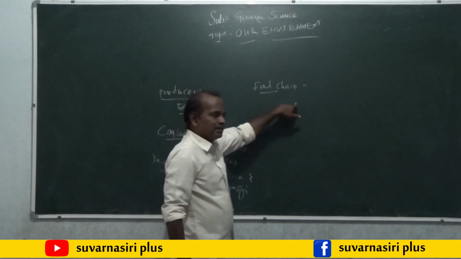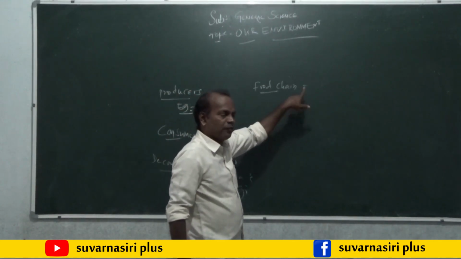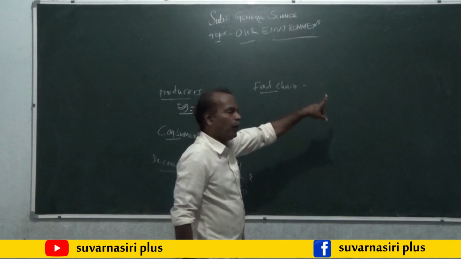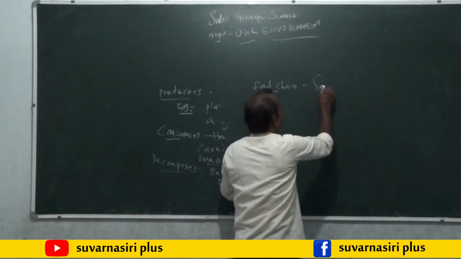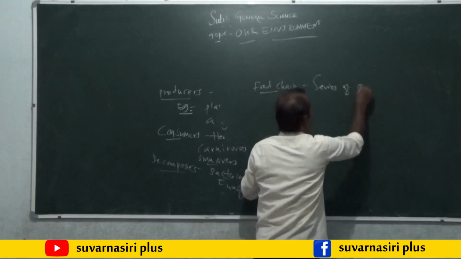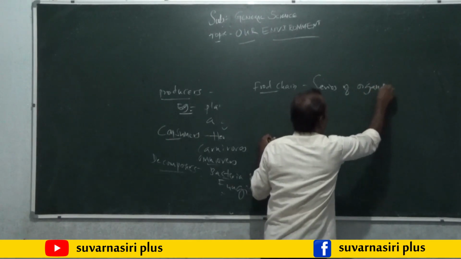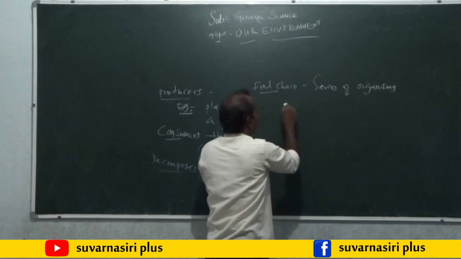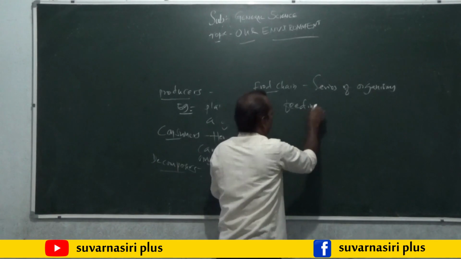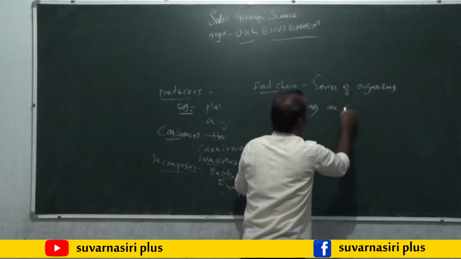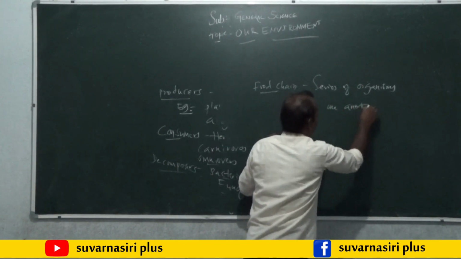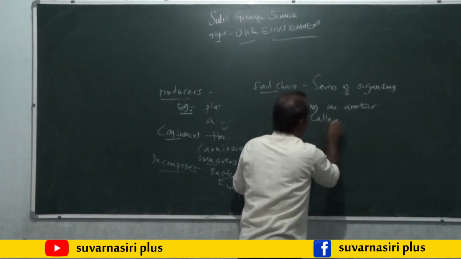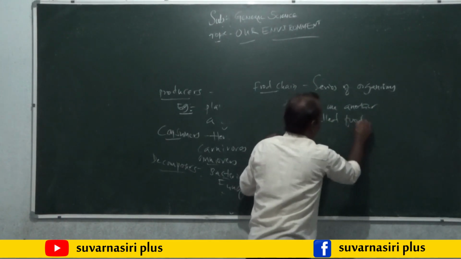Food chain is defined as a series of organisms feeding one another.